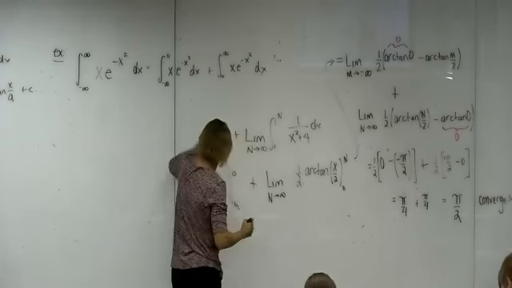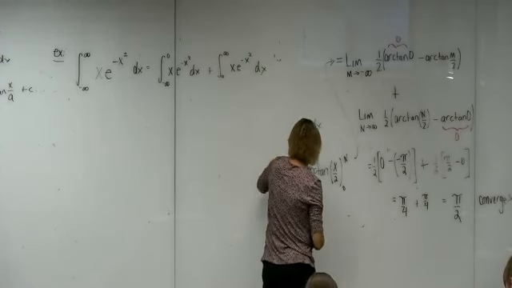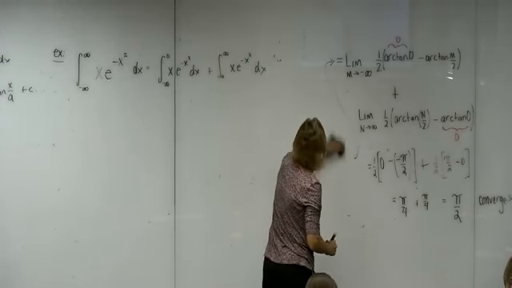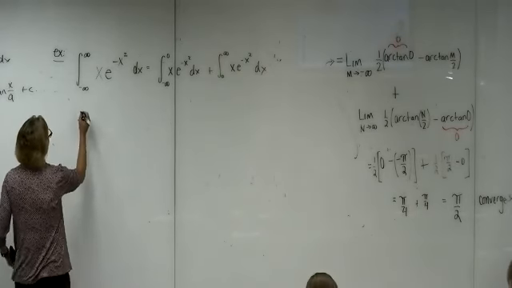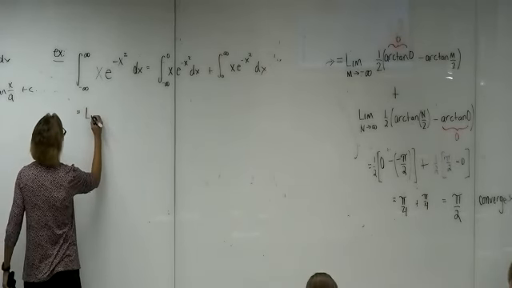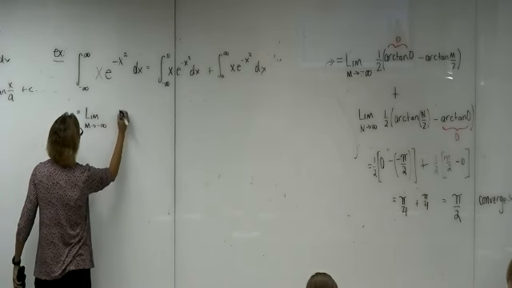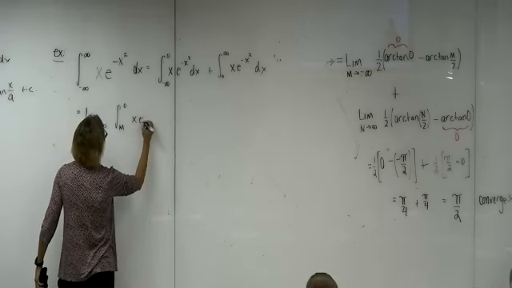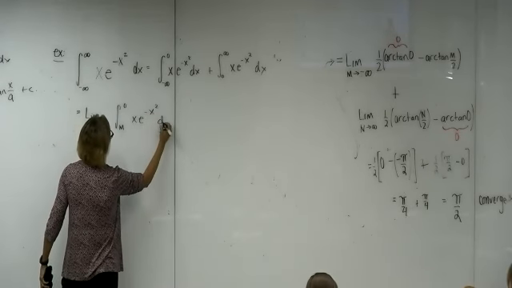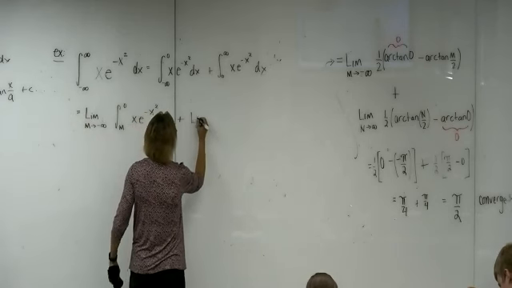And then replace the infinite limits with letters and make limits out of those integrals. So I'll write it just the way I did a minute ago with an m for the lower limit, and an n for the upper limit, let n go to plus infinity.